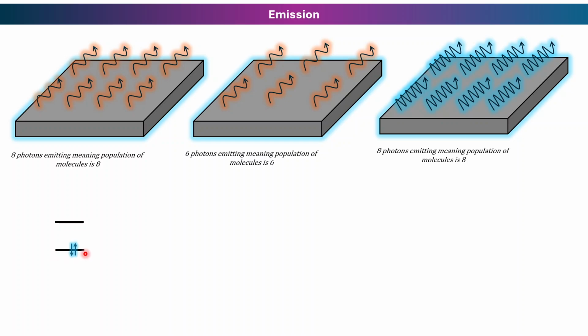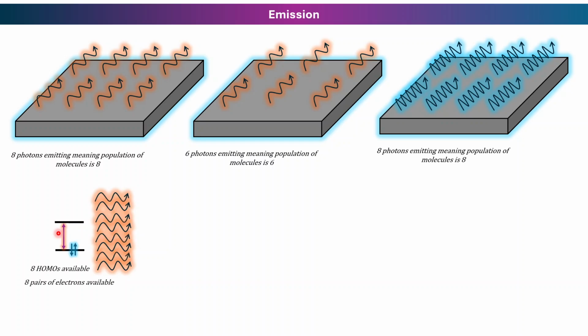Here there are 8 photons coming in parallel, meaning there are 8 HOMO and 8 LUMO states available. So 8 HOMO available, and 8 pairs of electrons available. So here the ground state population is a total of 8 pairs of electrons.